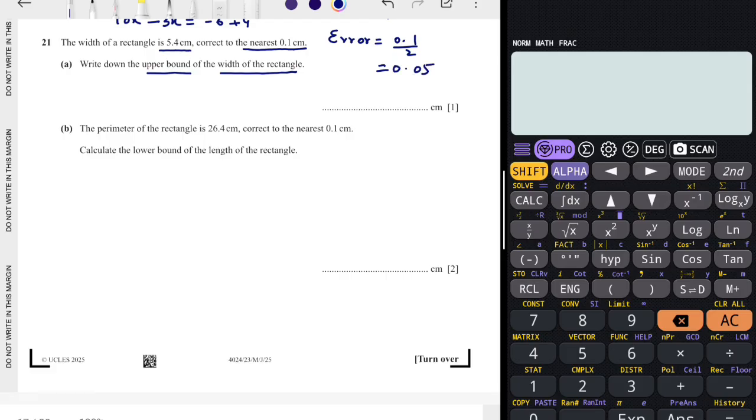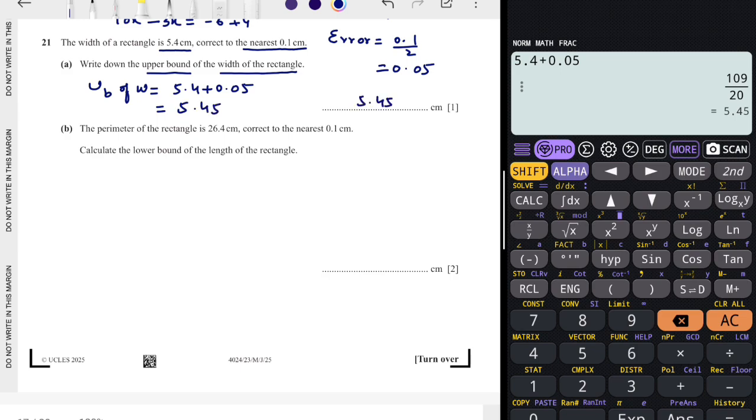Now the upper bound of width is equal to 5.4 plus 0.05. So we are going to add 5.4 plus 0.05. So the final answer would be 5.45.